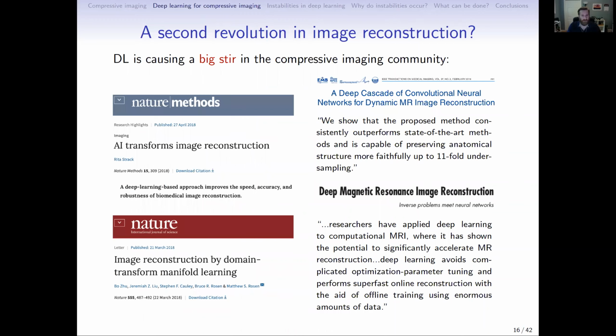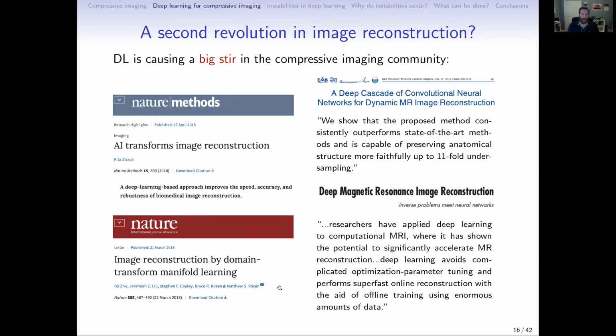As I mentioned at the start of the talk, in the last few years, the use of deep learning in image reconstruction has been subject to a lot of interest. There are a lot of papers and a lot of different strategies that have been proposed over the last few years.